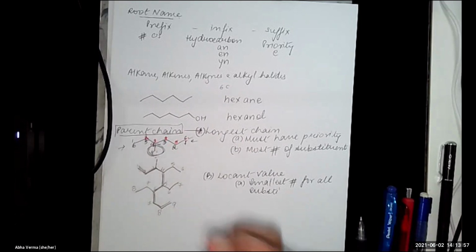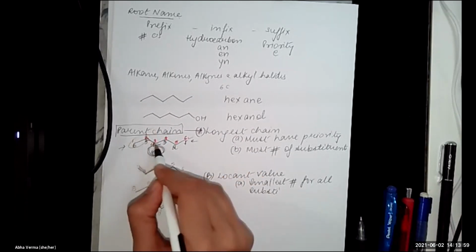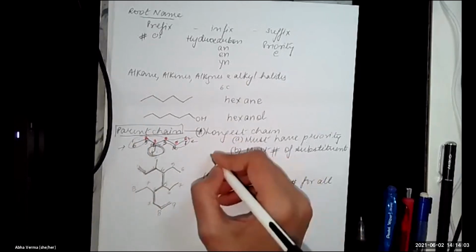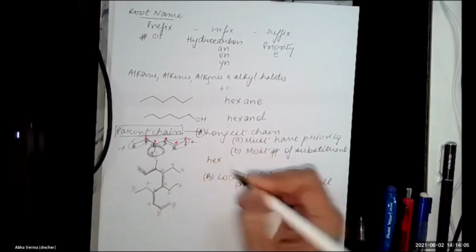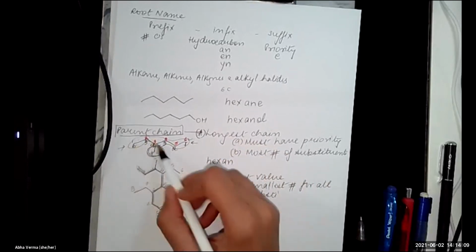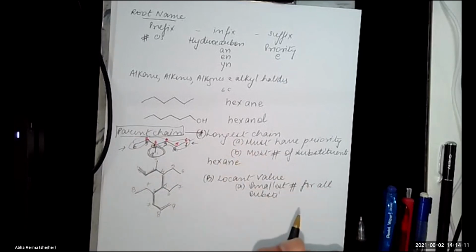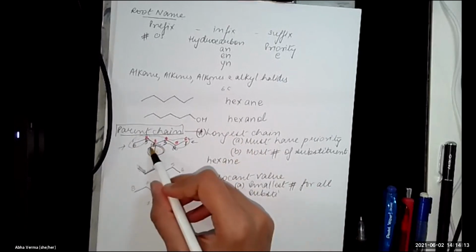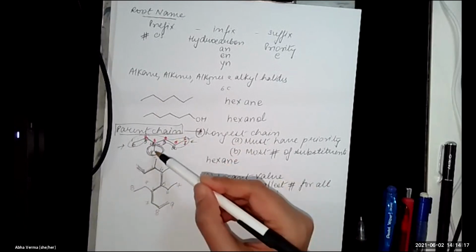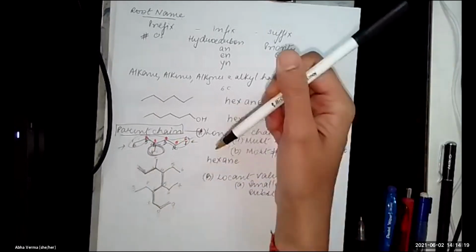So what is the root name of the parent chain? It is still hex. Throughout it is an alkane, ane, no other priority, so I will end it with the E. But what is this substituent? How many carbons are in this substituent? 1. Very good.